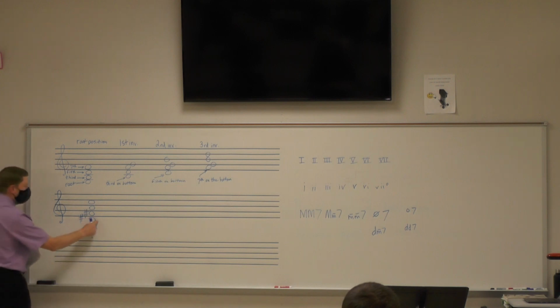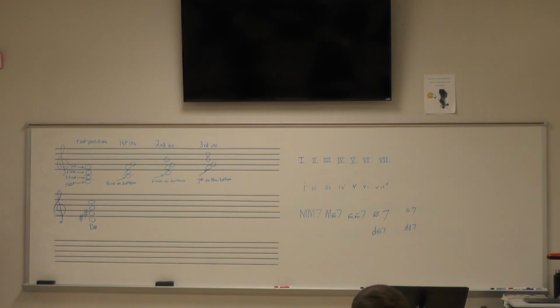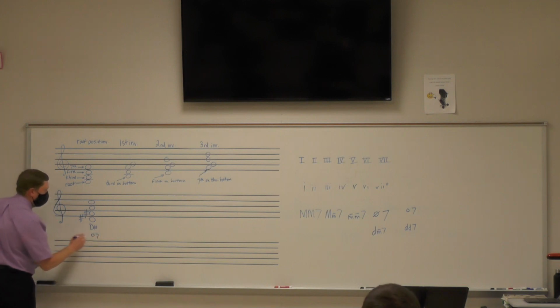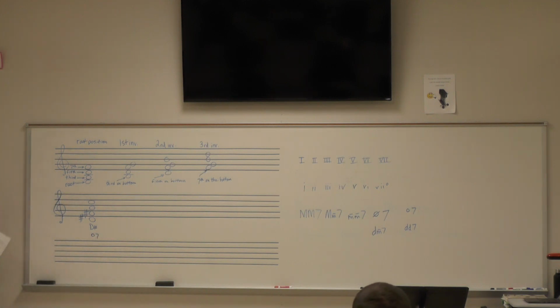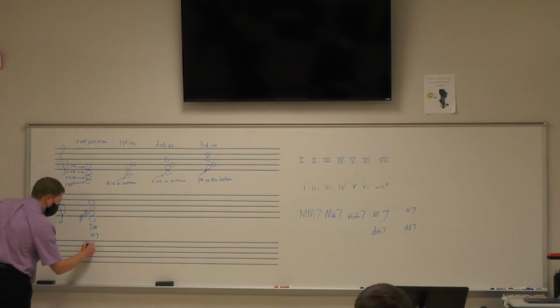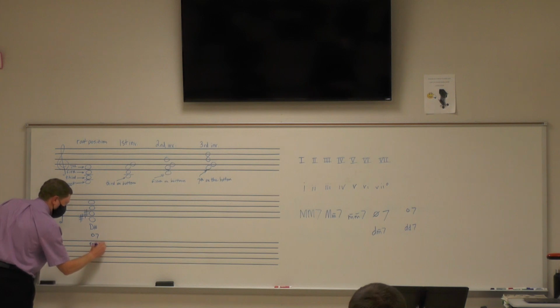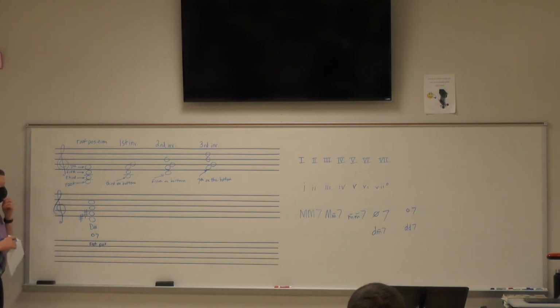Is the 7th diminished, or is the 7th a minor 7th? So it's fully diminished. It's a fully diminished 7th chord. And then finally, what bass position is it in? One of those 4 up there. Root position, yeah. And that's not too bad. Who knows, maybe the trickiest part of all this is just going to be finding out the type of 7th chord. Could be.